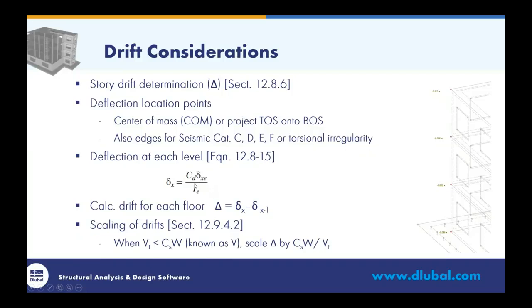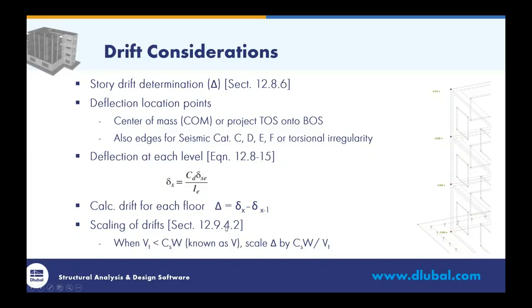So this is the true deflection according to the ASCE 7. Then the calculated drift for each floor is simply this deflection from the equation above from the top floor minus the deflection from the bottom floor.